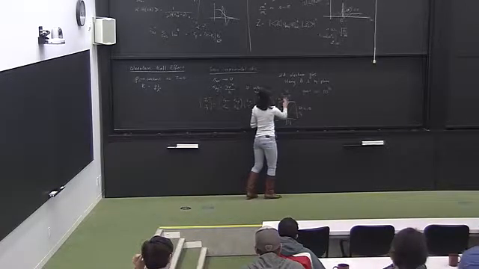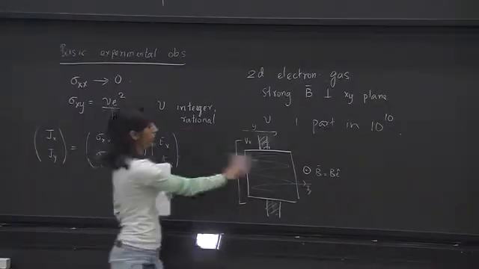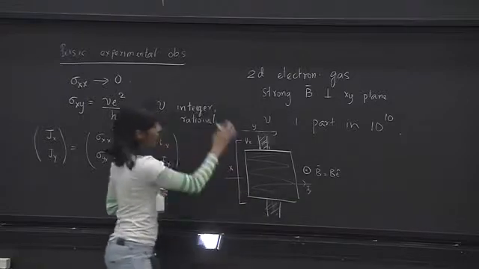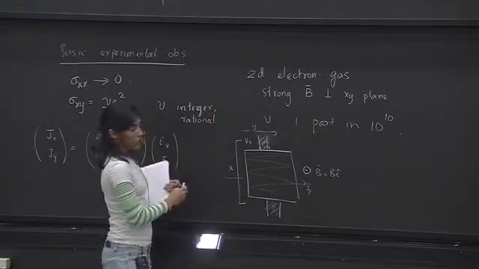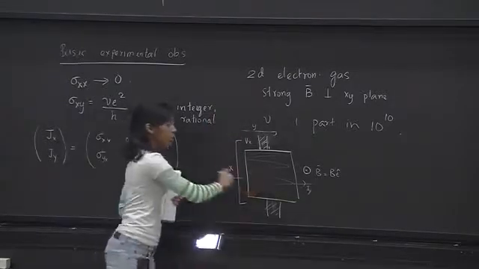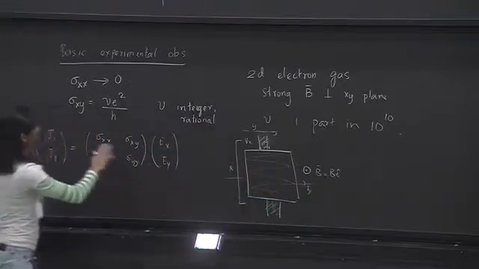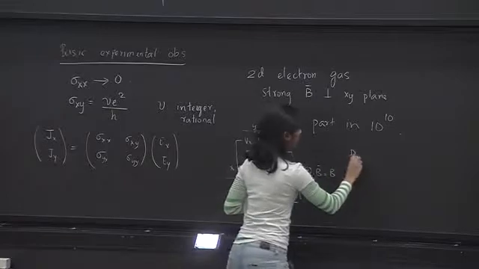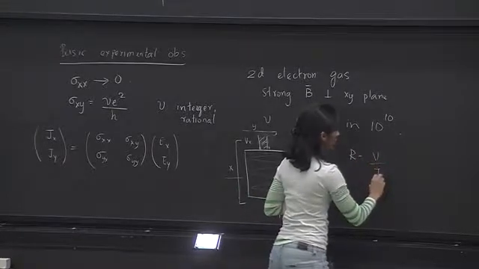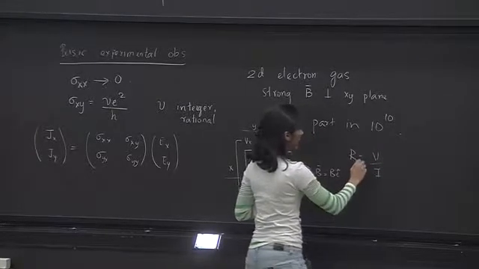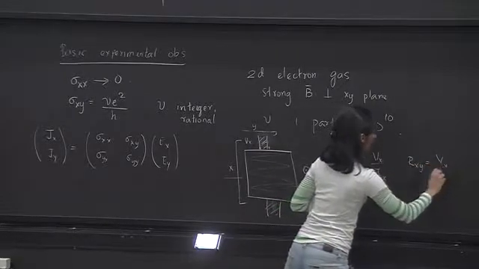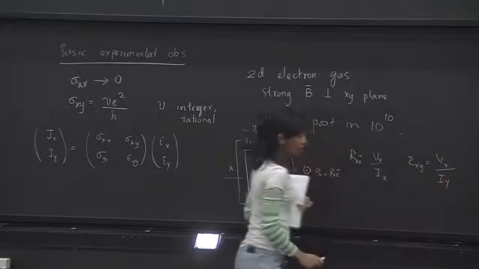This is the kind of cartoon setup of what's happening. There's a 2D electron gas in a strong magnetic field, which is perpendicular. One applies a voltage in a direction and measures the current in the same direction and the perpendicular direction. And then resistance is like V divided by I. Rxx would be Vx by Ix.